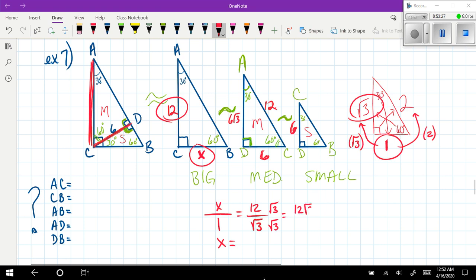That gives me 12 root 3 over 3. Now the 3's don't divide off, because 3 is on the outside and 12 is on the inside. You can divide inside to inside, outside to outside, but never inside to outside or outside to inside. 12 divided by 3 gives me 4, and this is 4 root 3. So I'm going to put 4 root 3 where the x was.